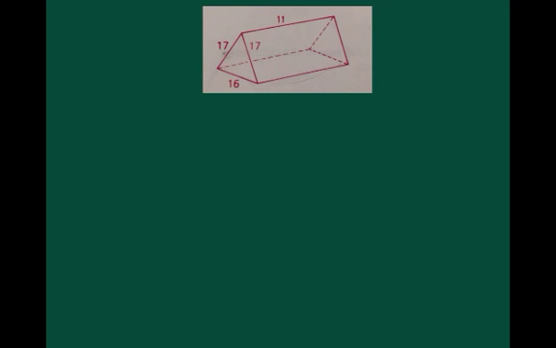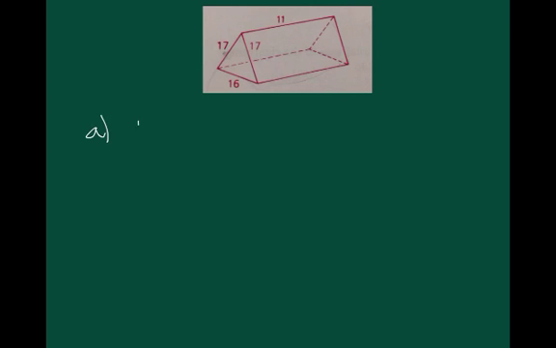Number 3 on page 563 is a typical problem from this chapter. It asks us to find, in A, the prism's lateral area. Now you'll recall that the lateral area is equal to the sum of the lateral faces of the prism. And in that case, you might be inclined to just add up the area of each one.